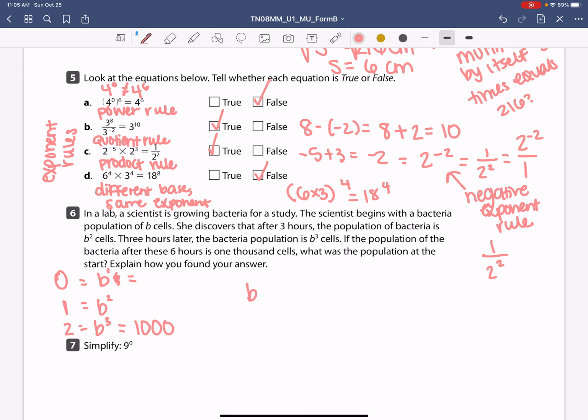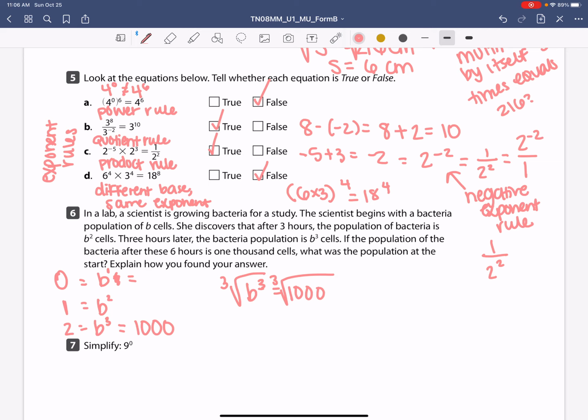Well, if B cubed equals 1,000, we can find just B by doing the inverse operation. Right now, we have B being multiplied by itself 3 times. So we can do the inverse of cubing a number, which is finding the cube root of a number. If we find the cube root of B cubed, we have to find the cube root of 1,000.